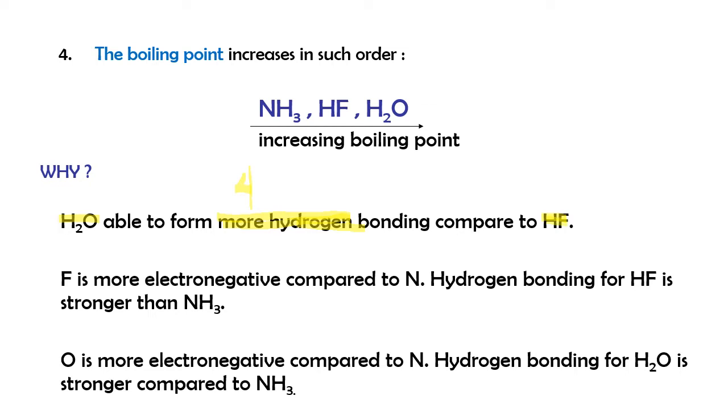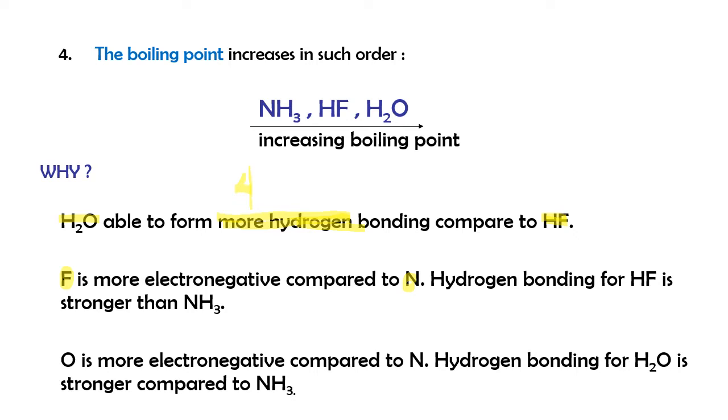Okay, so fluorine is more electronegative compared to nitrogen. So that is why we arrange HF higher compared to NH3. Therefore, hydrogen bonding in HF is stronger than NH3. So when we compare, we must mention what we compare. Specifically compared to what?